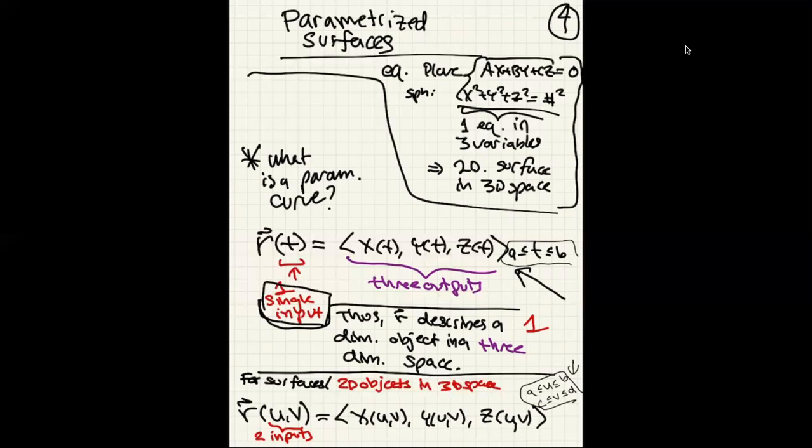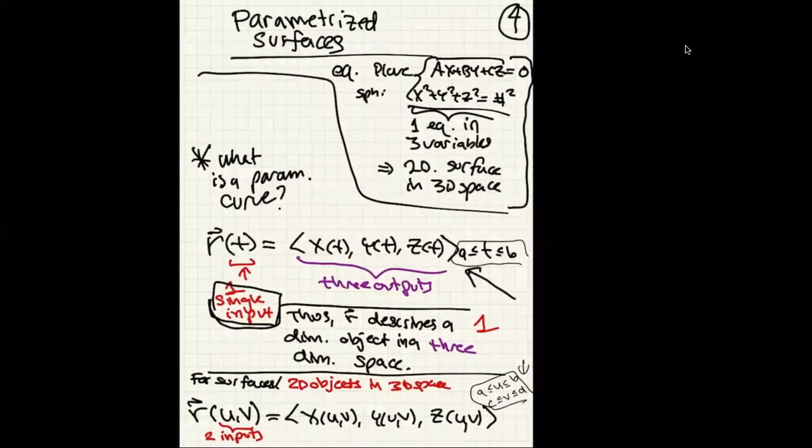If we have enough time, 25-ish minutes, we'll do spheres, parabolic bowls, cones, cylinders, you name it. All the surfaces that we've done so far, we'll be able to describe in a different way. This is a second way to describe these things.